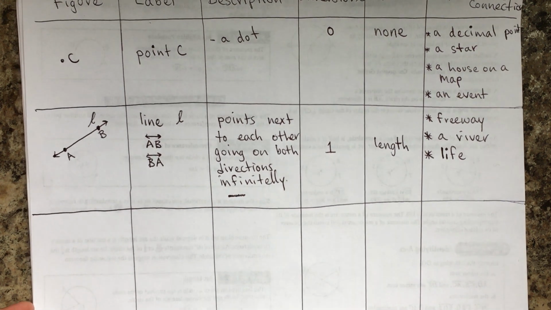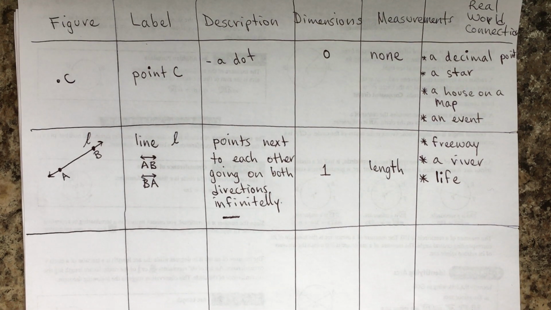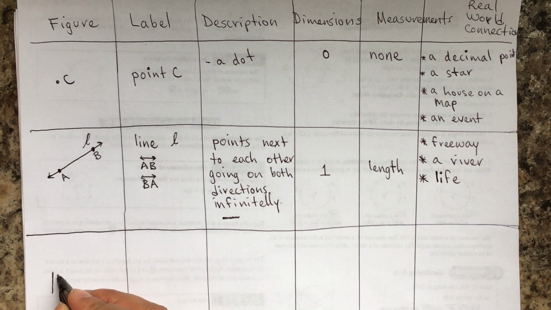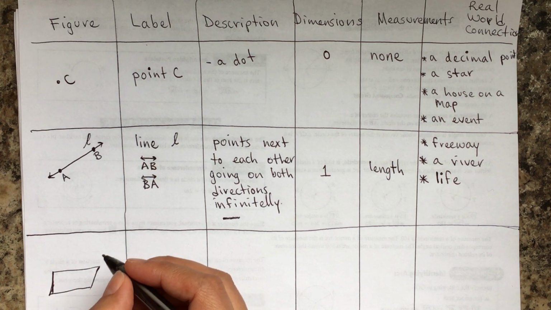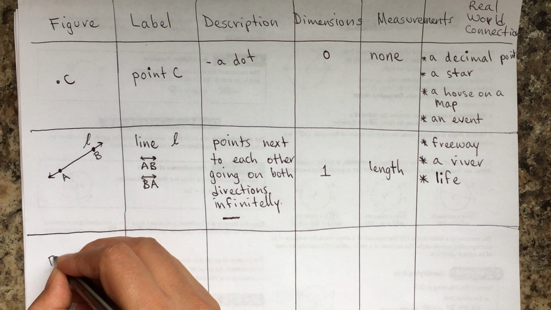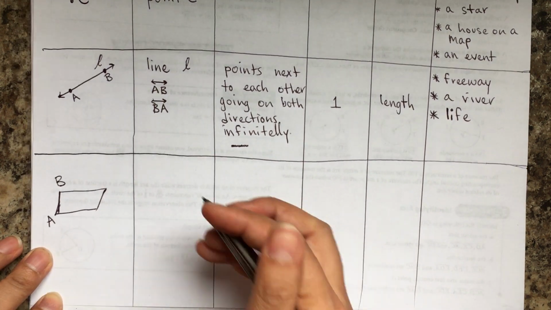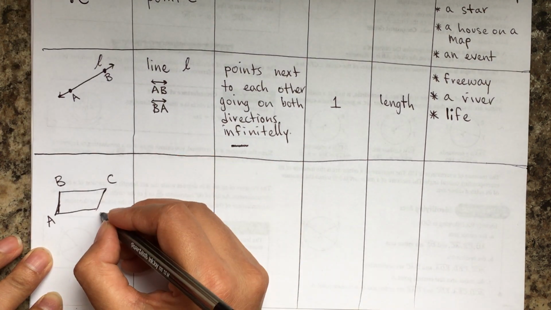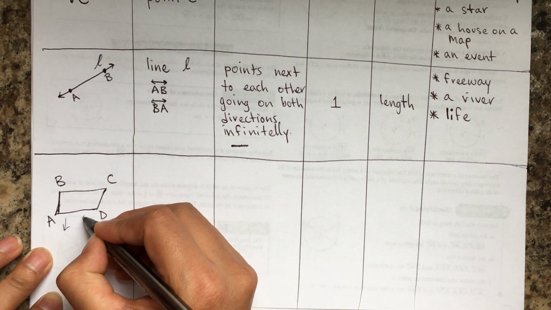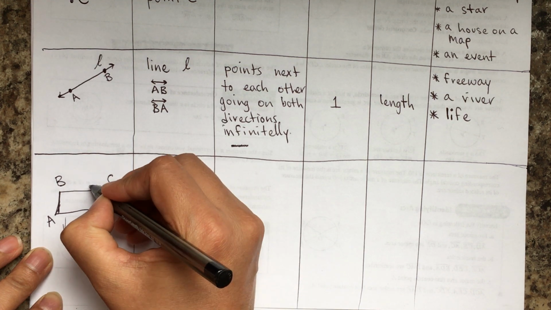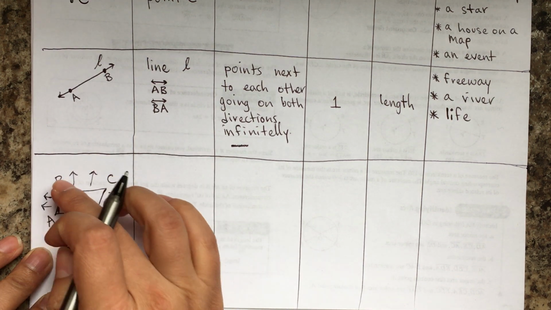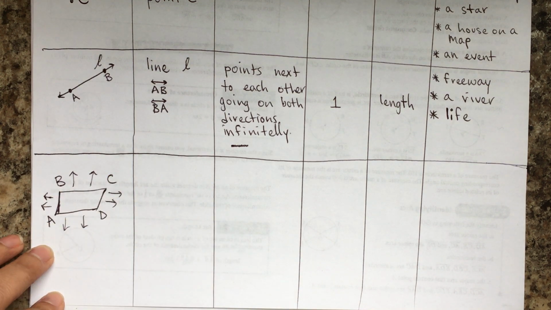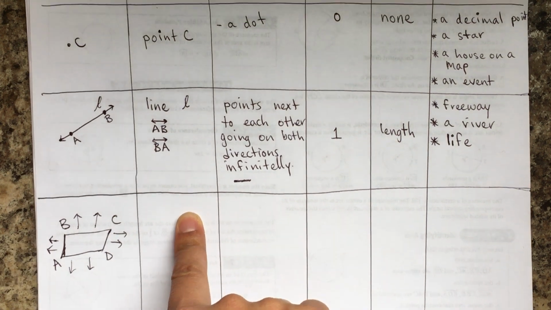Okay, the next figure that we're going to define is a plane. And so maybe we can put A, B, C, D. Basically, we are using these letters to define it and be able to label it.